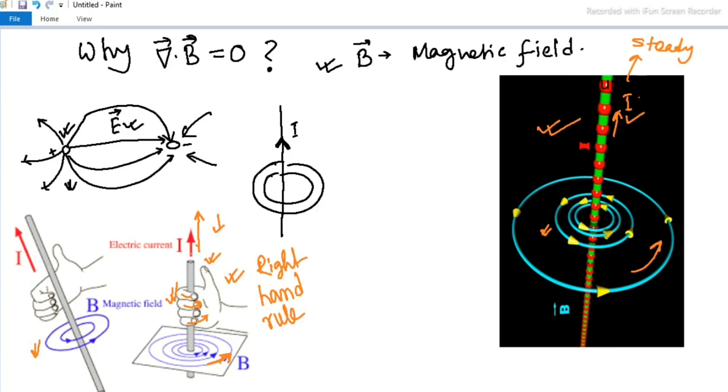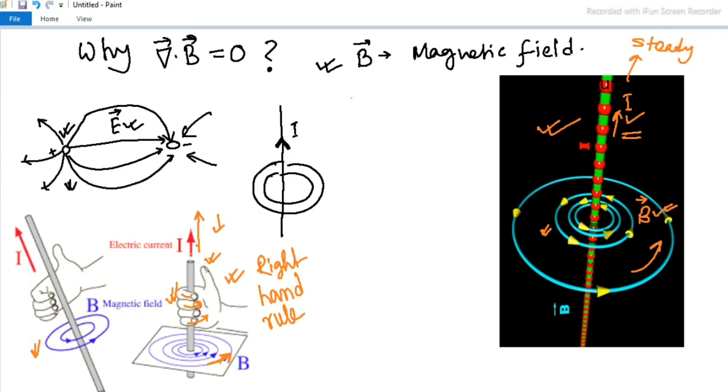or I can say that if this current is produced due to some DC power supply, then due to the flow of steady current, whatever magnetic field or magnetic flux density I am going to get here will be time independent, or I can say a static magnetic field.